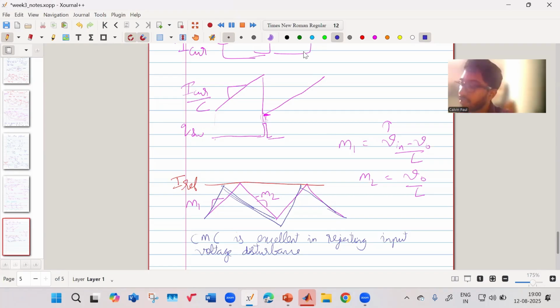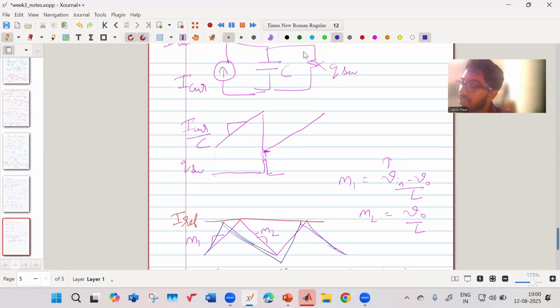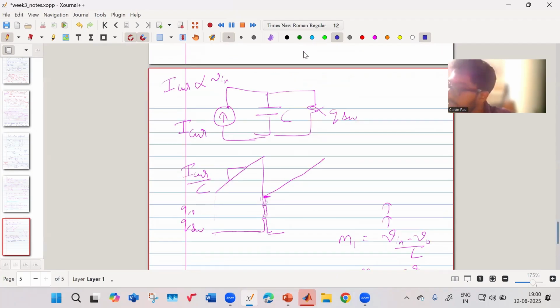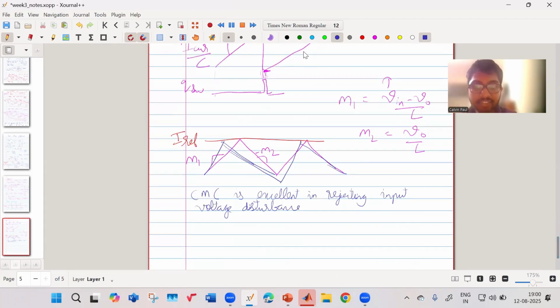That's one of the advantages. So, earlier we had this complicated circuit, do this, all that. But in current mode control, the actual inductor current which is there in your converter itself possesses the information. The input voltage has changed or output voltage has changed. All that information is there. So that's why current mode control is excellent in rejecting input voltage disturbances.